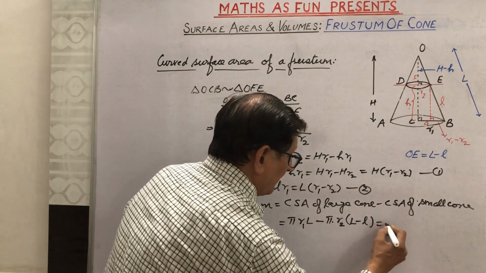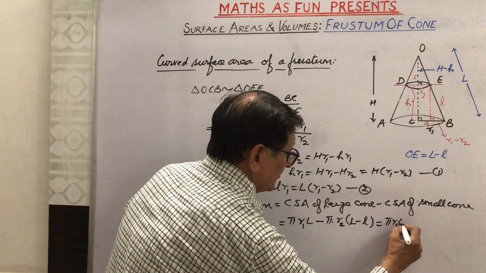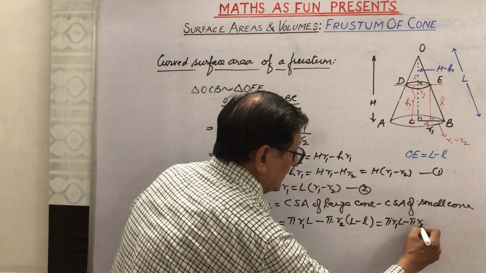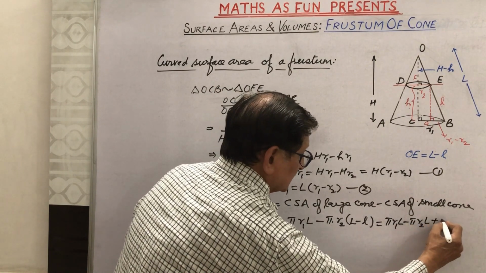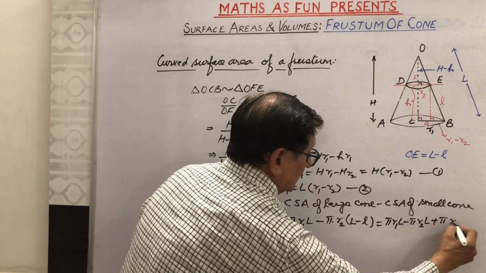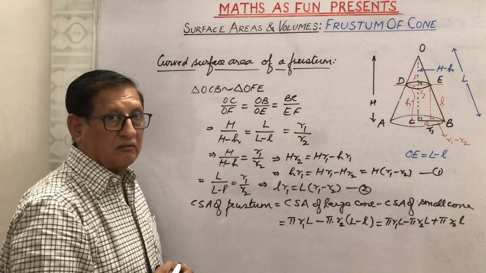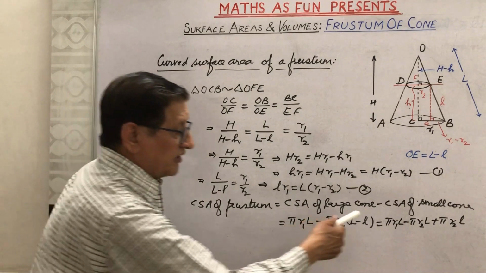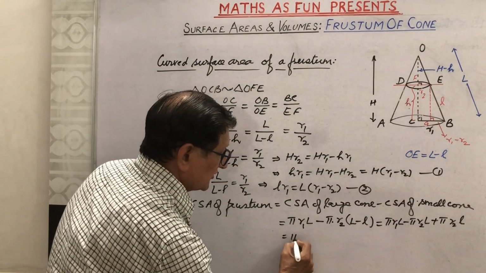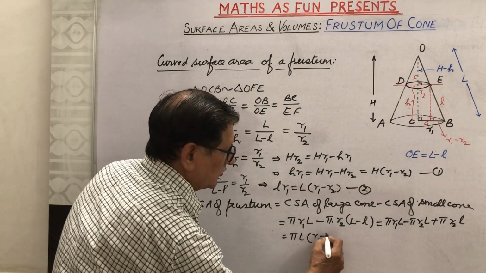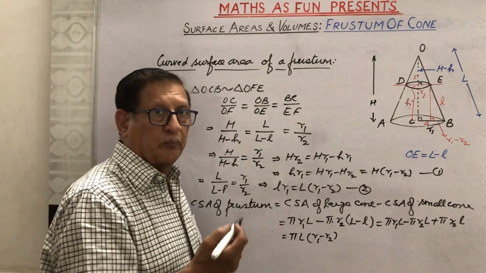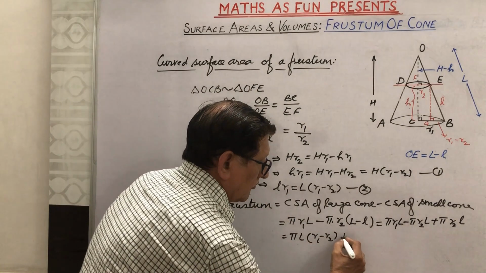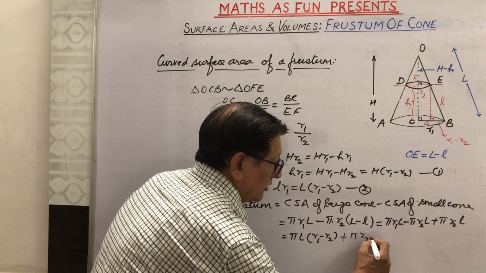Simplifying this, we will be getting here pi R1L minus pi R2L plus pi R2 small l. If we take pi L common from this, this will be pi into L into R1 minus R2 plus pi R2 l.